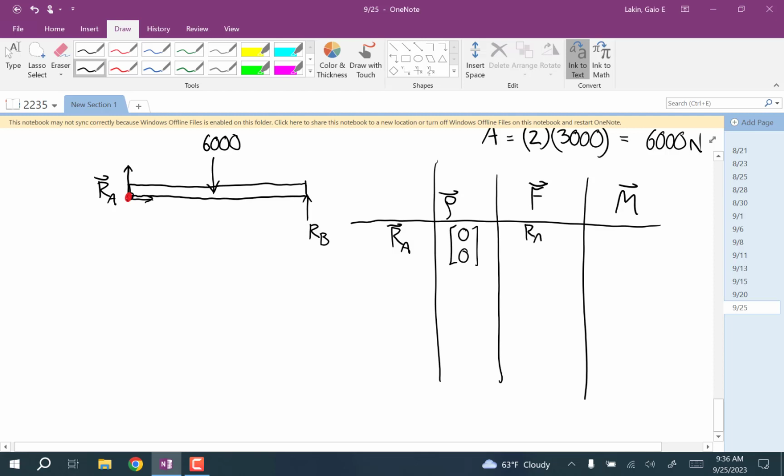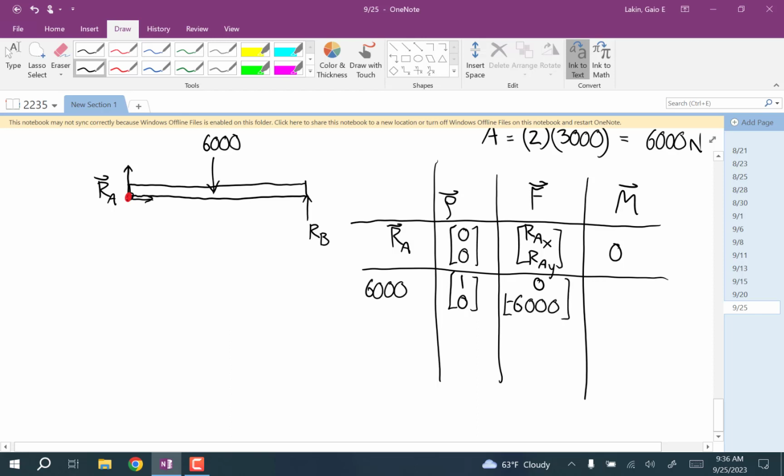The force is RAX, RAY. Cross product is 0. Then the distributed load, the 6,000 Newton force. This has a row vector of 1, 0. Force vector is 0, negative 6,000.